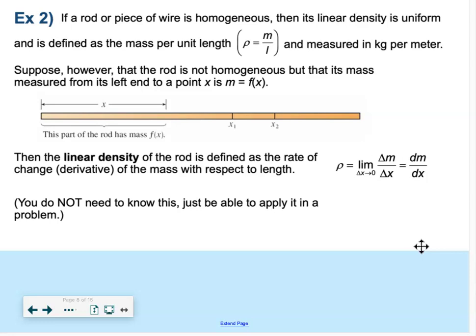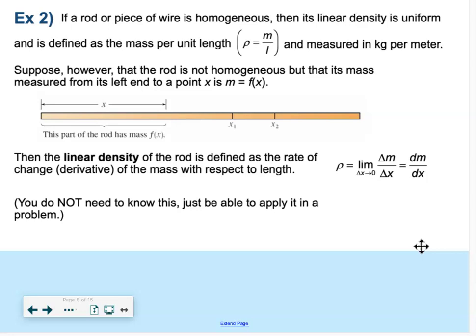Suppose, however, that the rod is not homogeneous, and its mass is measured from the left end to some point x. If the density changes throughout the rod, then the linear density of the rod is defined as the rate of change of the mass with respect to its length.